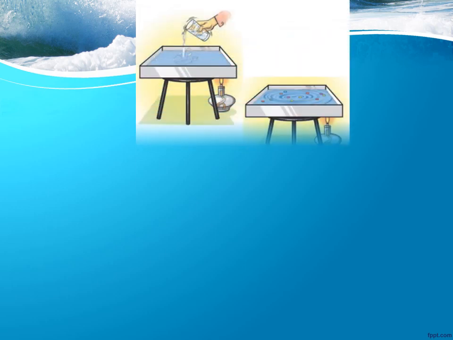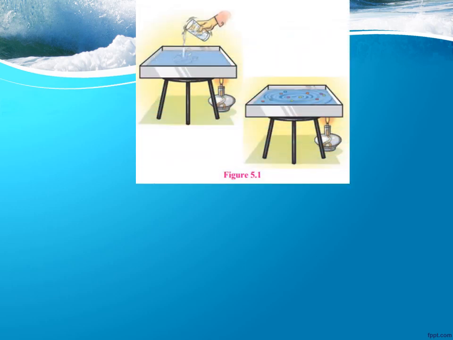It will occur to you that as the temperature of water increases, the plastic sequins move from one place to another. As the temperature rises, the density of water decreases and it becomes lighter.